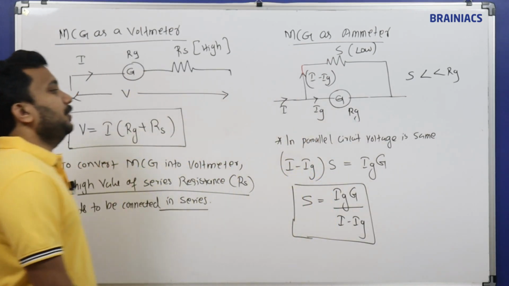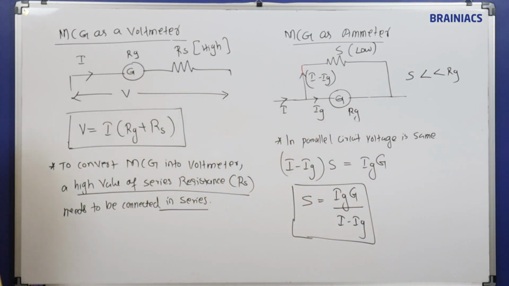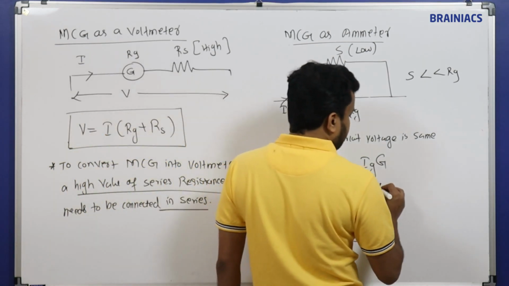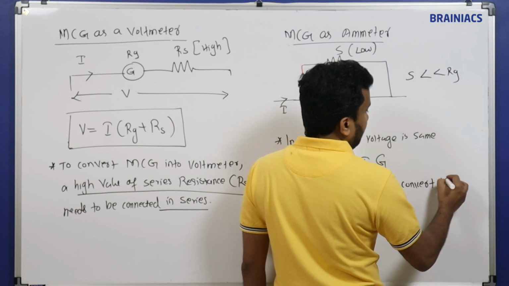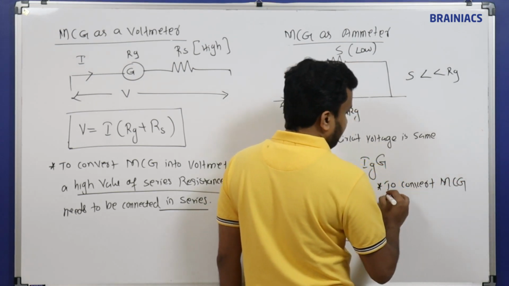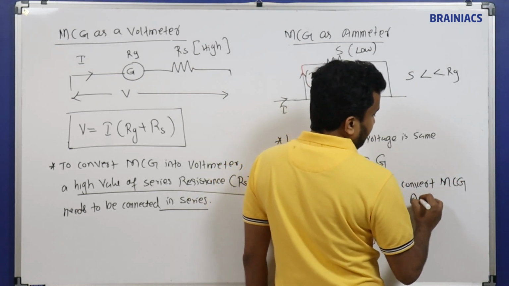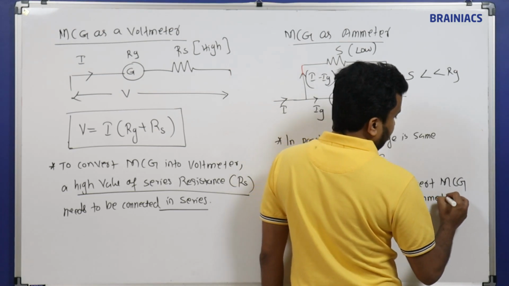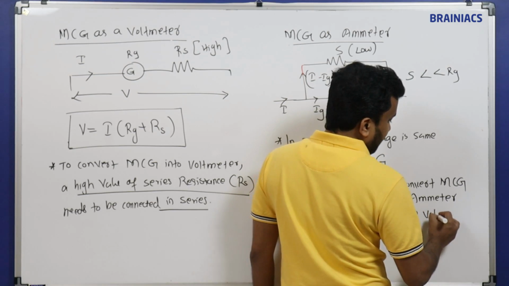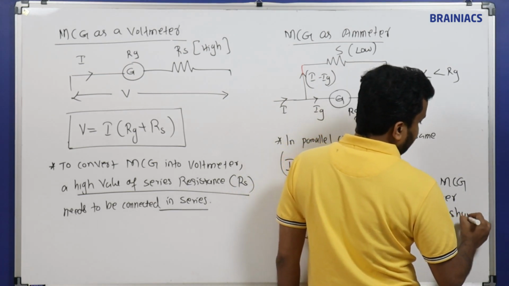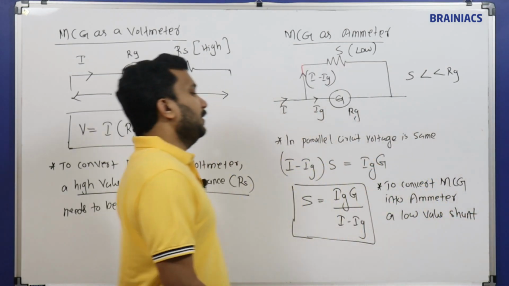So in a parallel circuit, to convert a moving coil galvanometer into an ammeter, a low value of shunt means parallel. The meaning of the word shunt is parallel.